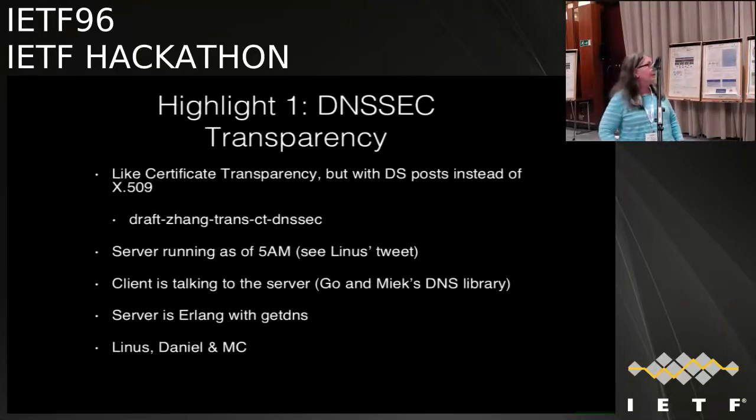The server was running as of 5 a.m. If you look at Linus Nordberg's tweet, you can see references to that server and how to send things to it. The client is written in Go with a DNS library from Miek Gieben, and the server is Erlang wrapped around getdns. So a full protocol, brand new, up and running as a result of this hackathon.